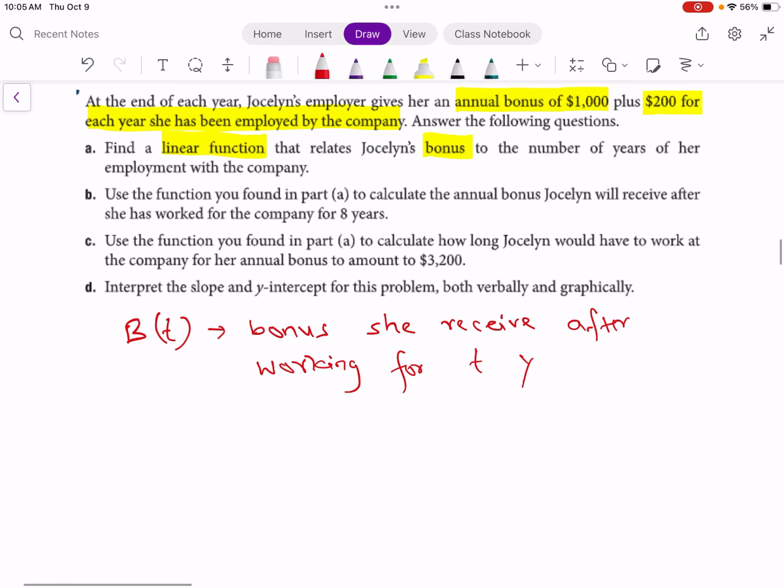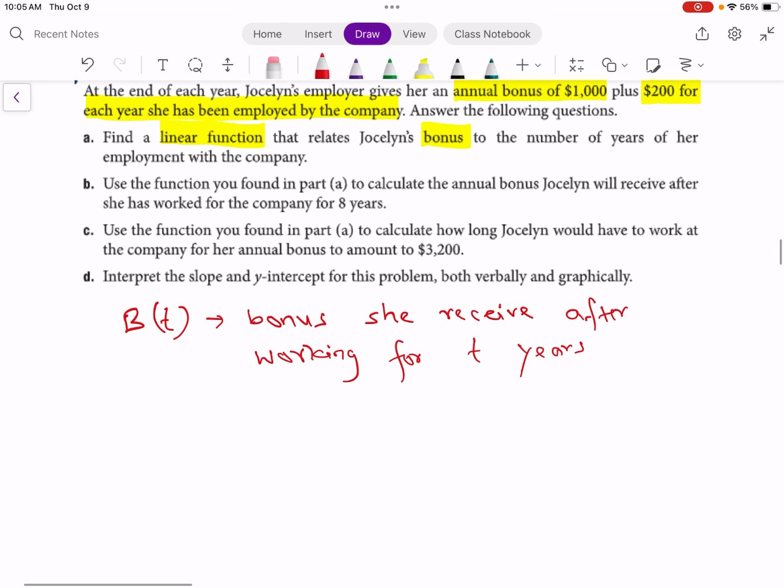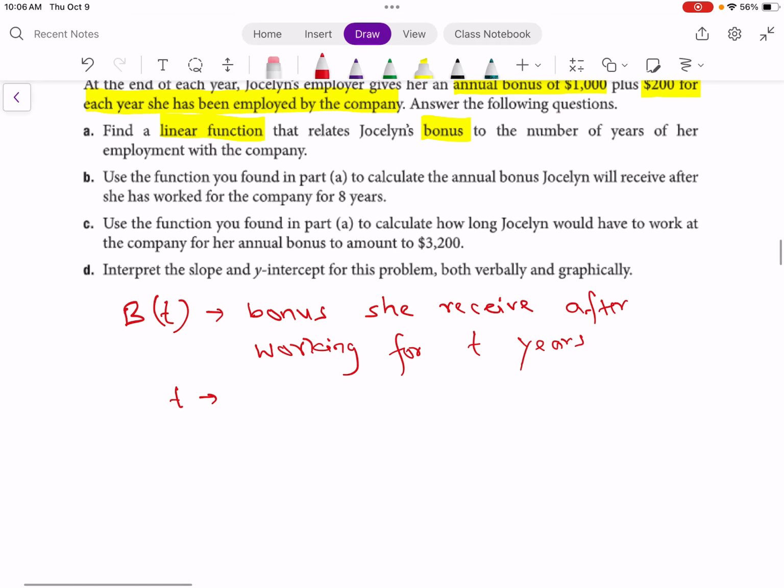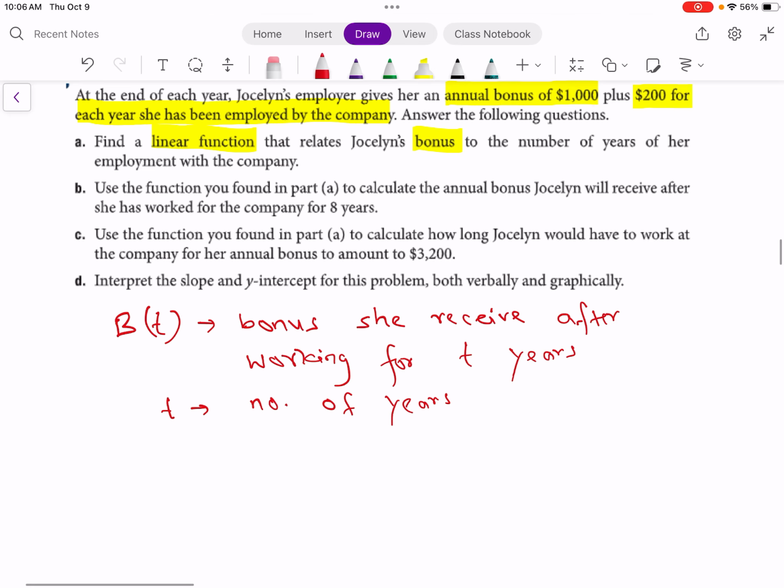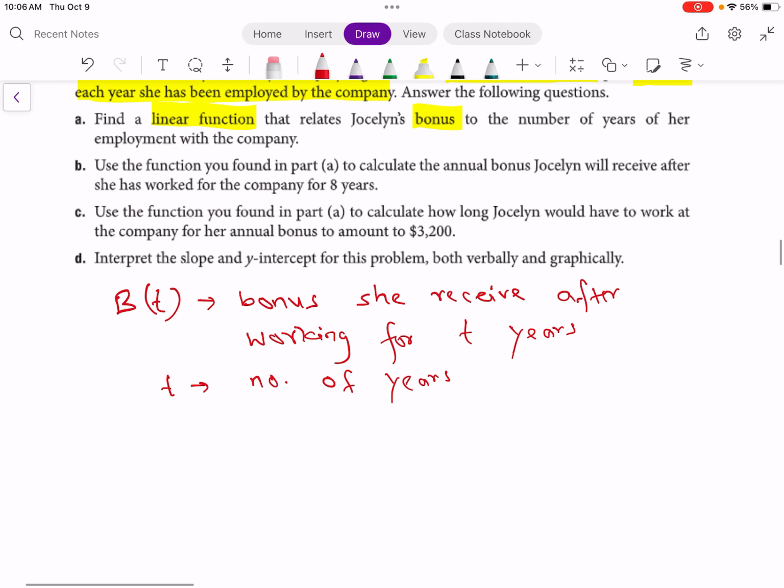Our t is the input, the number of years she works in the company, and this is our output.